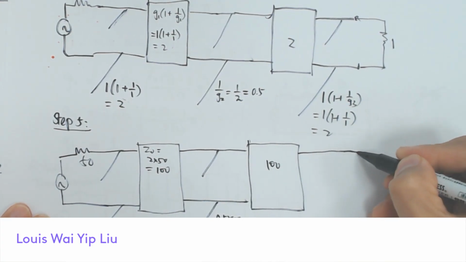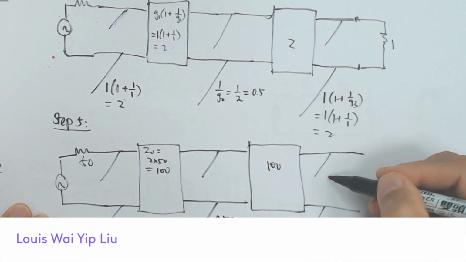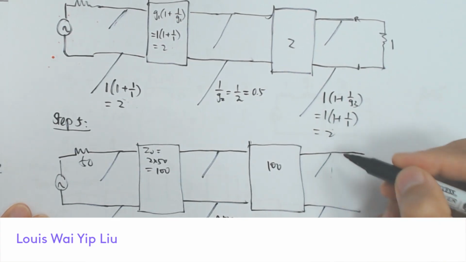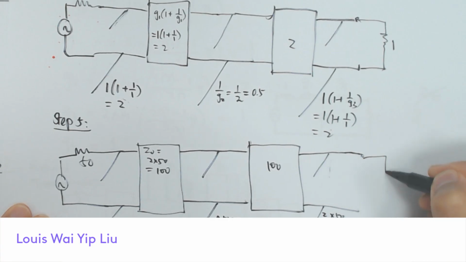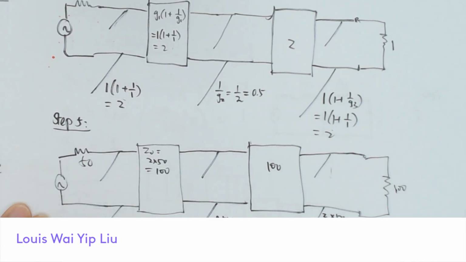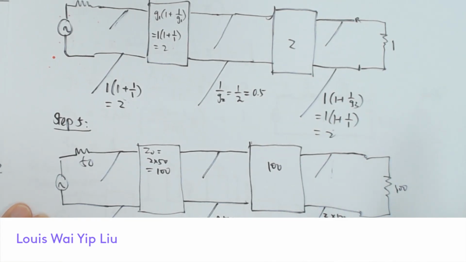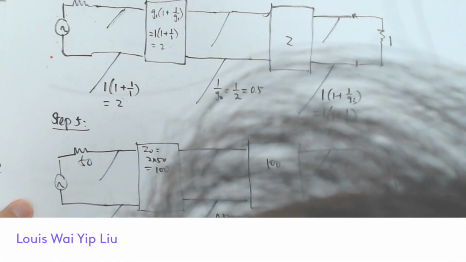And this one here will be 2 times 50, 100. And the impedance here is 100. And do not forget that the length should be lambda divided by 8. And lambda, we need to do some calculation.